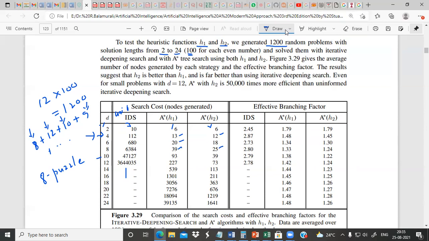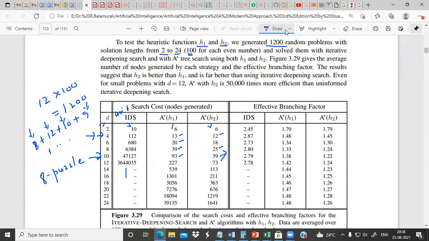For depth 10, with H1 it is 93, the average number of nodes generated for all the 100 problems. For each depth we have 100 problems, whereas with H2 the average number of nodes generated is only 39. So the point is H2 is performing better than H1.